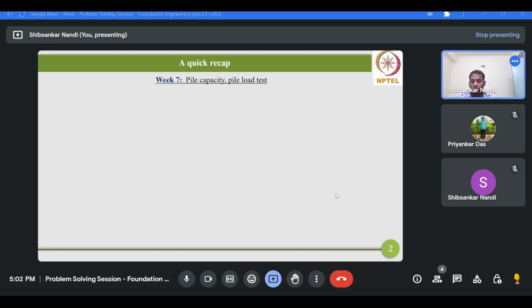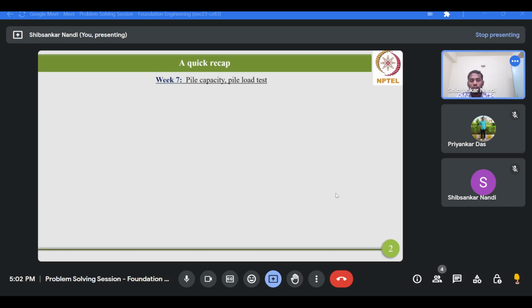In the present week we moved further. We learned a few additional topics regarding this same aspect, that is pile capacity.